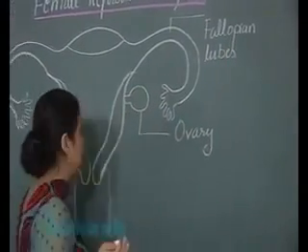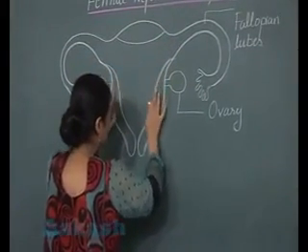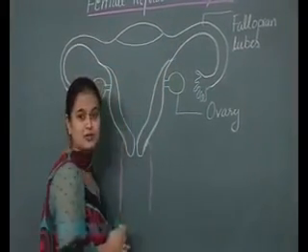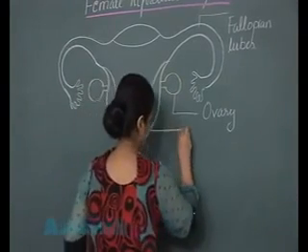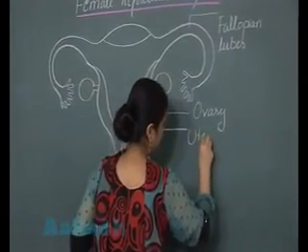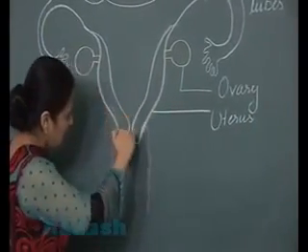Now these two fallopian tubes lead into a pear-shaped structure. This pear-shaped structure is known as the uterus.